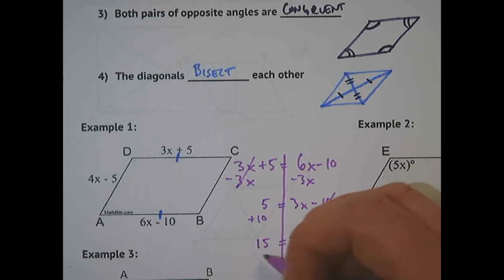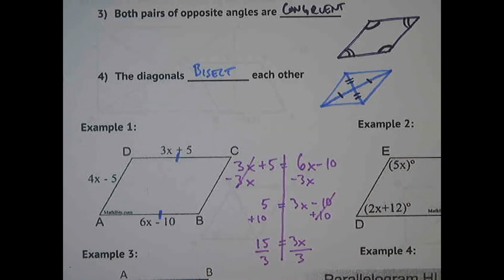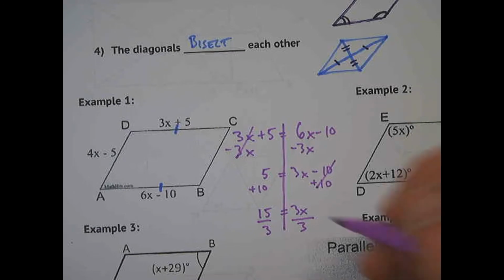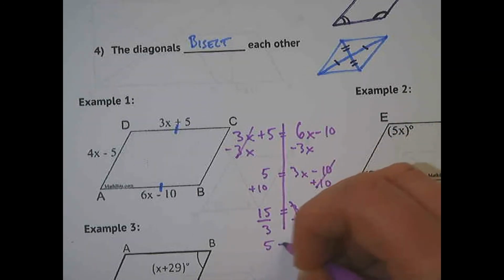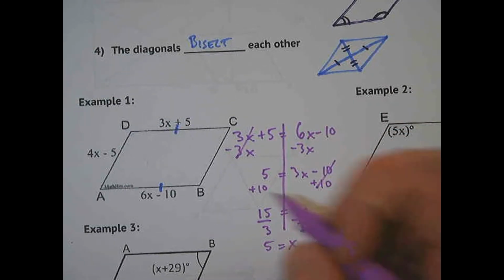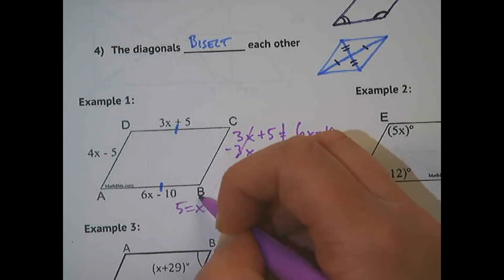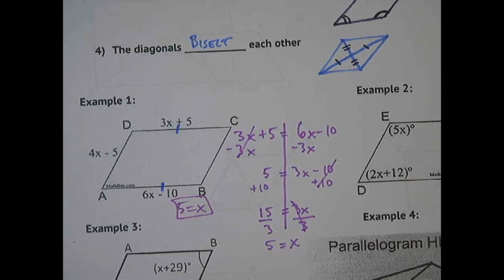And we divide by 3 on both sides. So we're left with x being 5. Alright, so that's one thing we can do with our parallelogram.